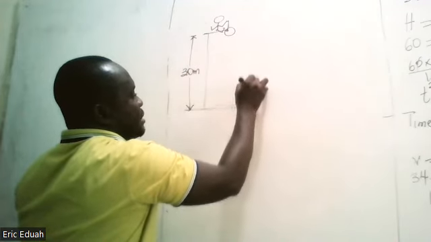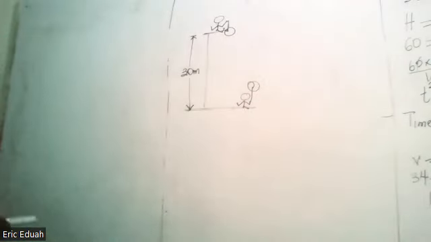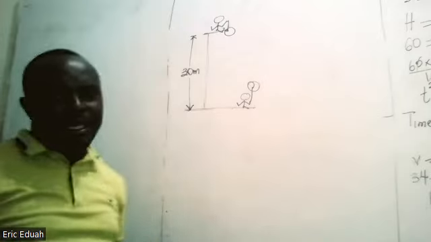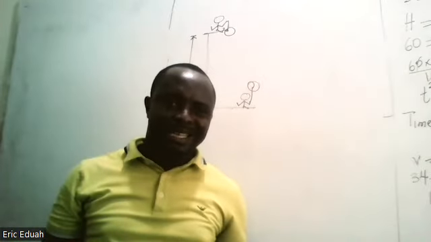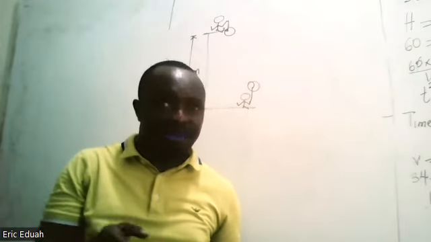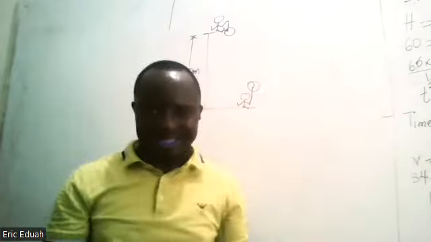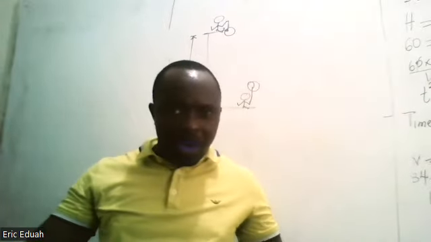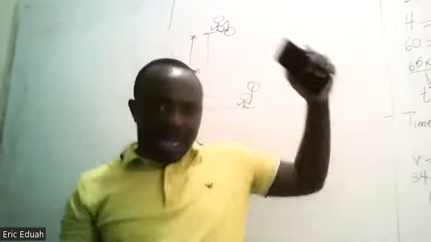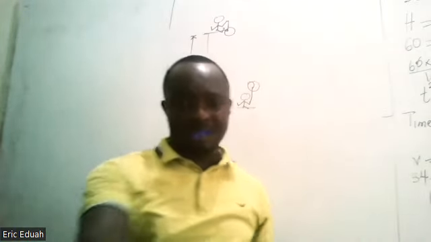We are to calculate the height or the time where the two stones cross each other, because they are thrown downwards and upward at the same instant.